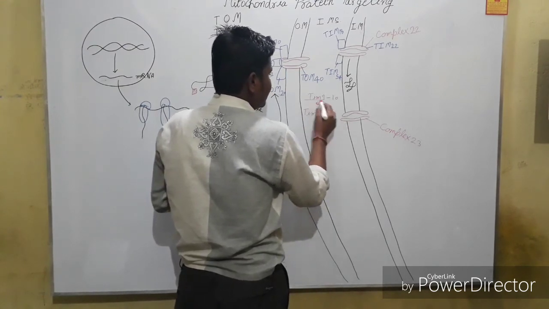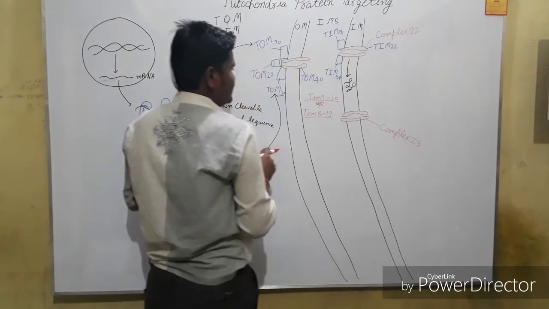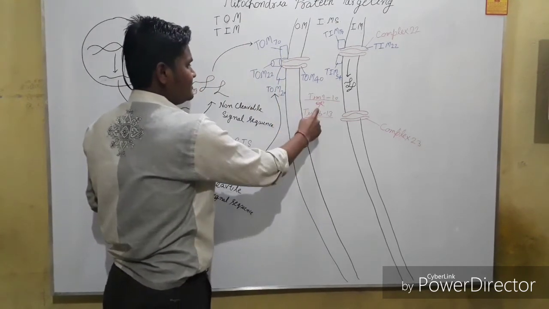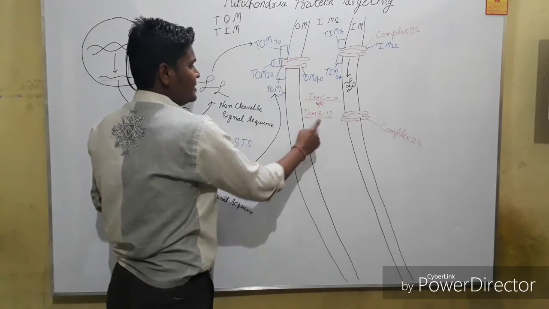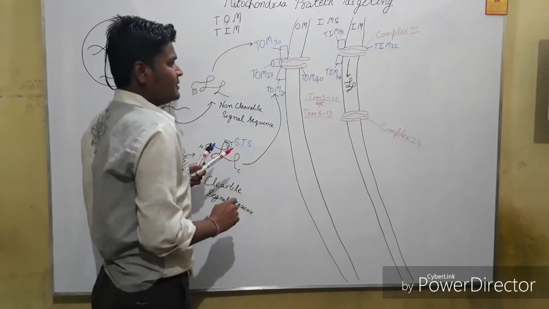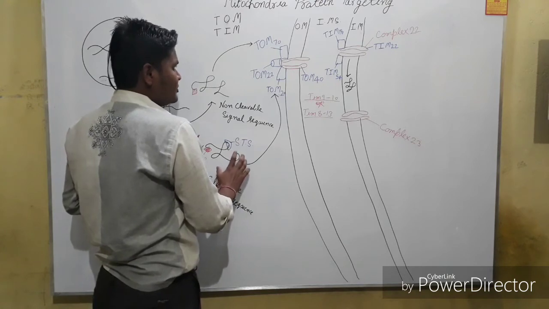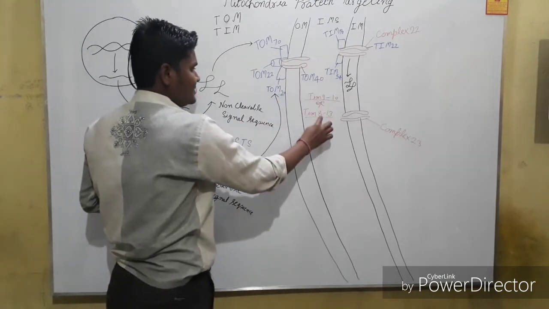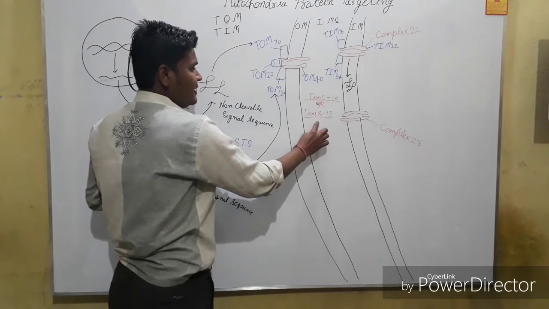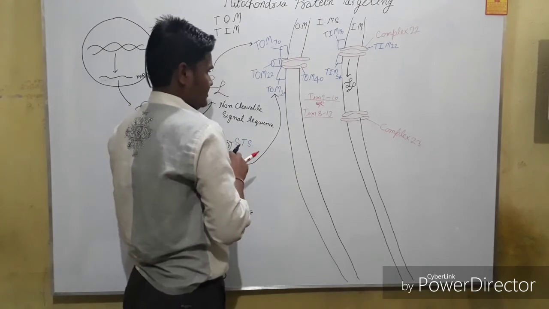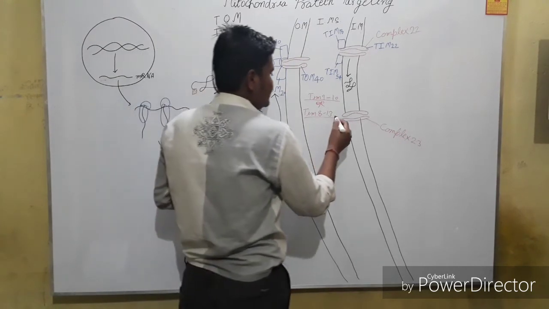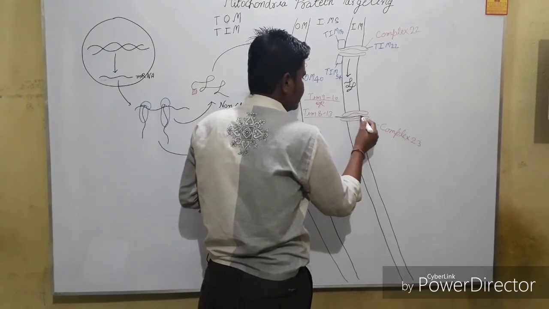These are the guide proteins which occur inside the intermembrane space. Some proteins come inside the IMS and are conveyed further inside.